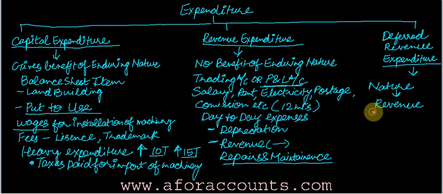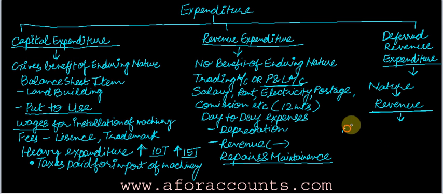But an expenditure of revenue nature in a considerably higher amount, the benefit of which I will receive not only over one accounting year but even for further accounting years to come, is known as deferred revenue expenditure.